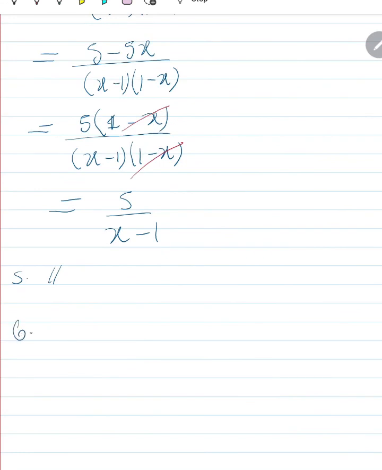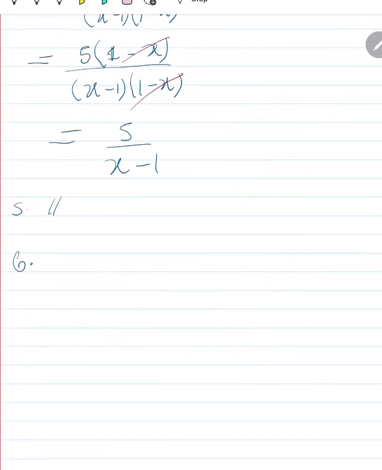Question number 6. In the diagram, okay, in the diagram, so I will quickly draw the diagram. This is my number 6.